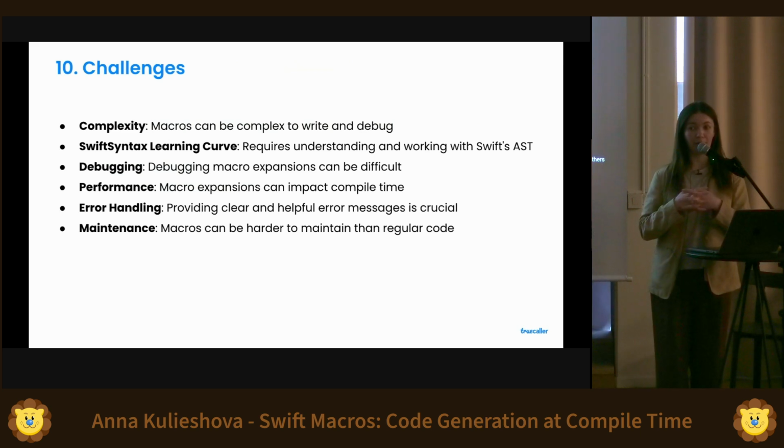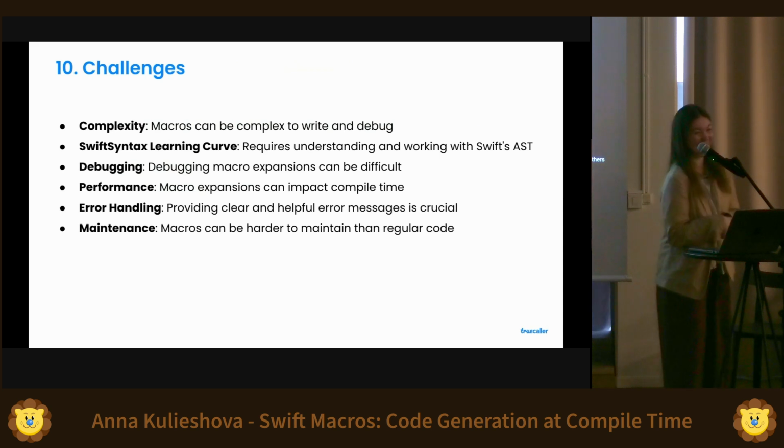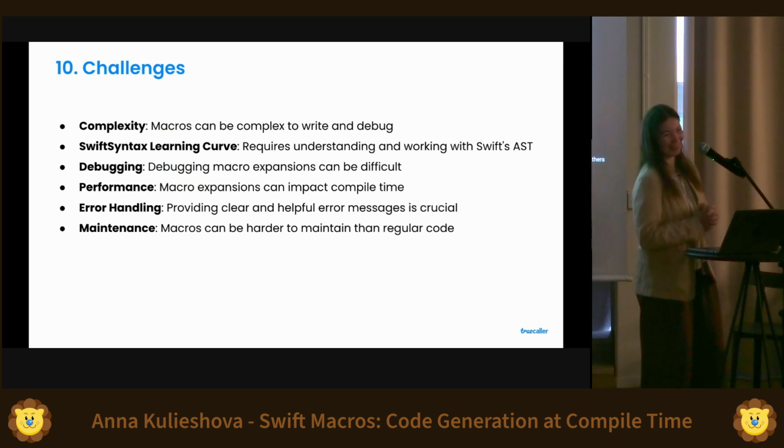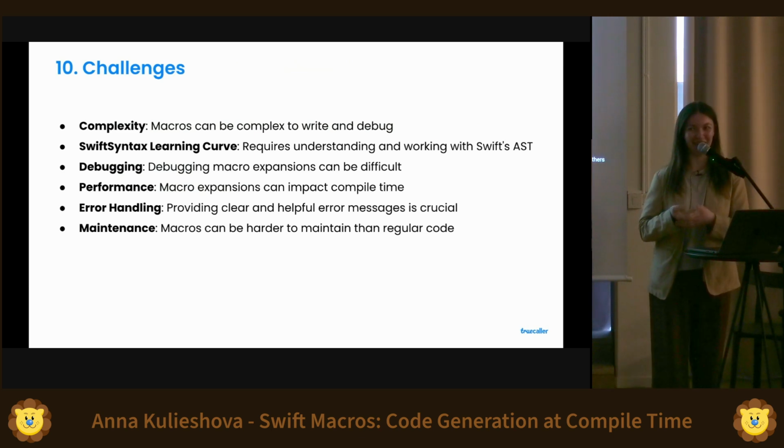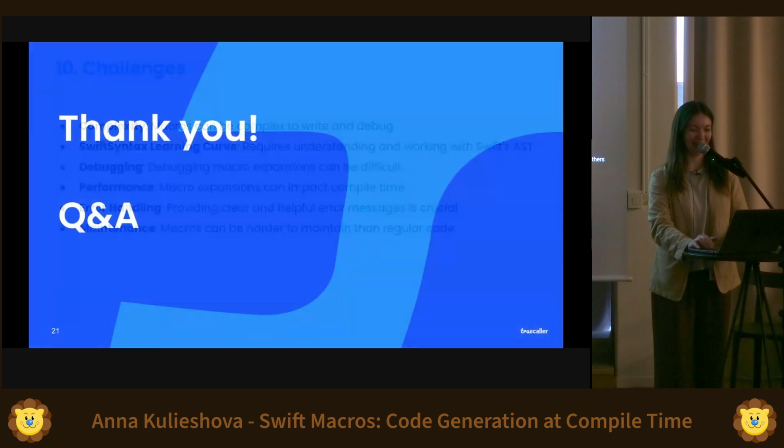So I do not recommend vibe coding for macros, unfortunately. It is a thing that we should sit and learn. But yeah, hopefully in the future it will get better.